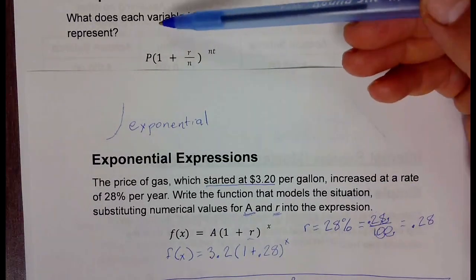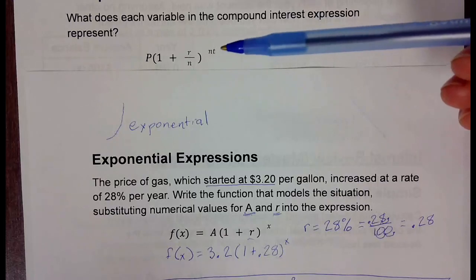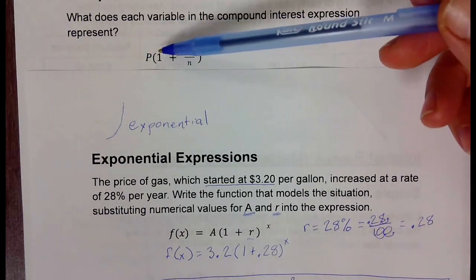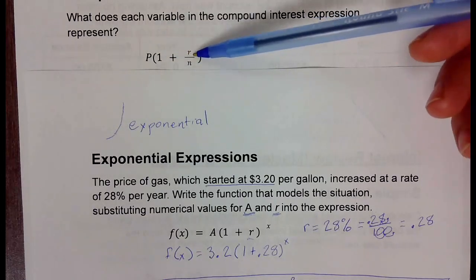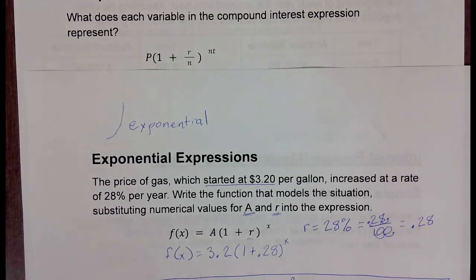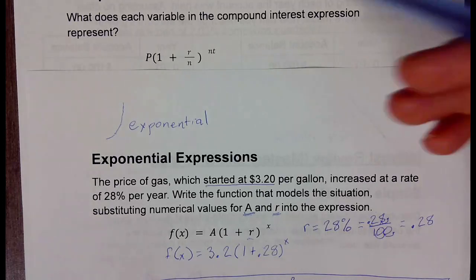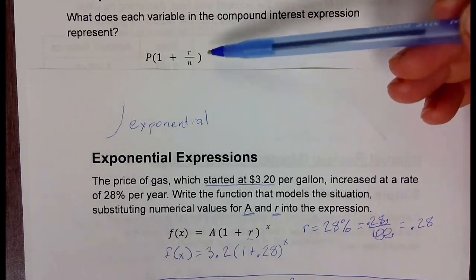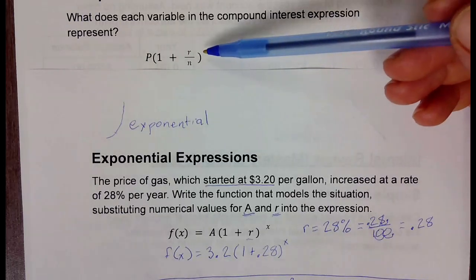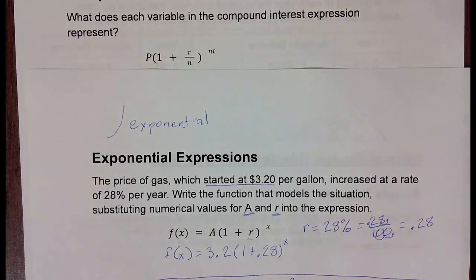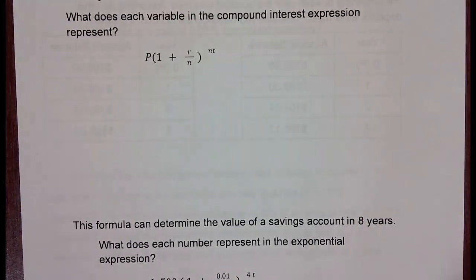But they're using P because it's the specific name for the amount we started with. So P times 1 plus r divided by n. N is the number of times that it's compounding or increasing during each year. And then I'm also going to raise it to the power of n times t, the number of times I'm compounding each year times the number of years that the account is being held.